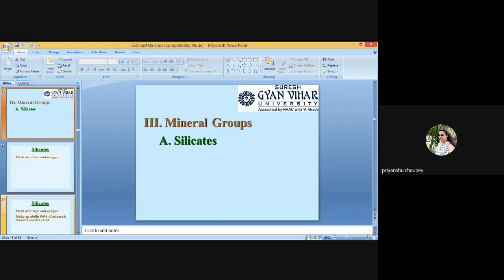Some of these compounds have the same chemical formula, but different types of packing, such as cubic close packing or hexagonal close packing, as discussed in an earlier section, lead to different types of symmetry and crystal system. These types of minerals having the same chemical formula but different structure of packing in three dimensions are called polymorphs, and this phenomenon is called polymorphism.